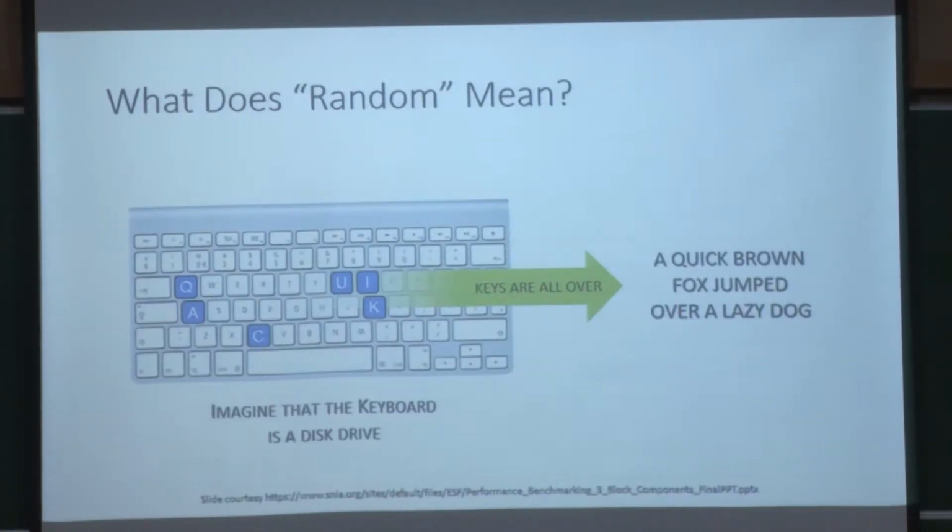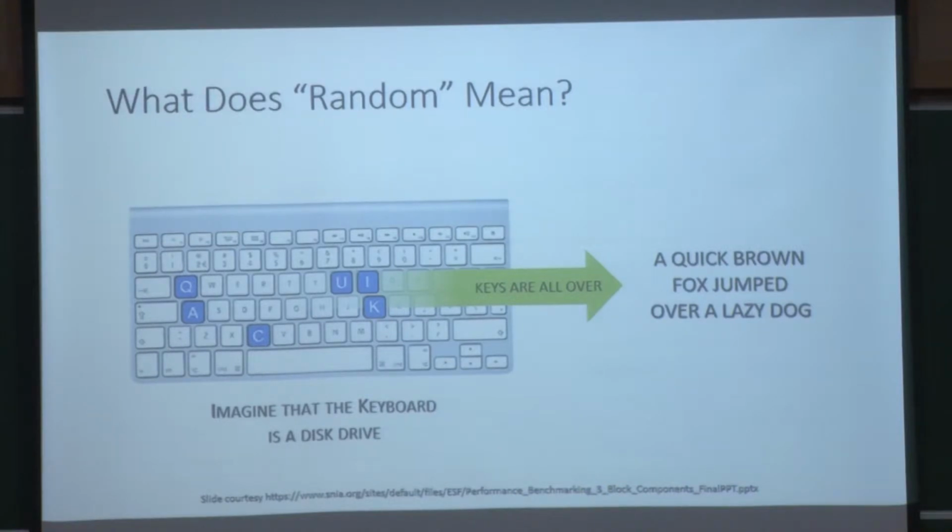Okay, so a random workload is essentially random, right? If you are making accesses to a storage device for these different blocks, which are essentially 4 kilobytes, and you are doing them all over the place, then it's a random workload.